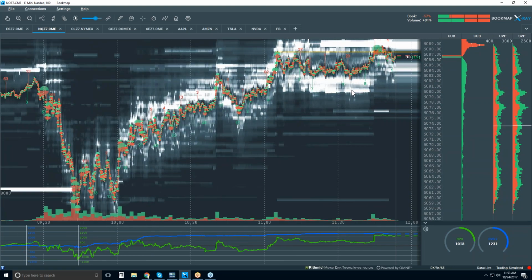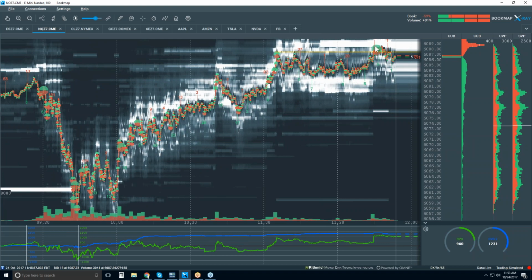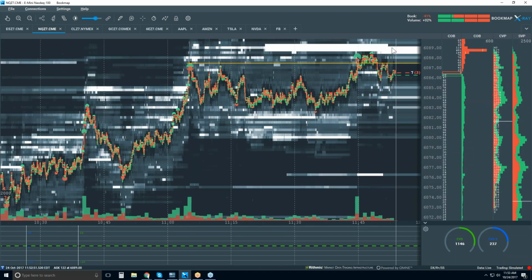All right, bigger picture. Just some sideways action, and we see this breakout here, but we're right back down into this range.